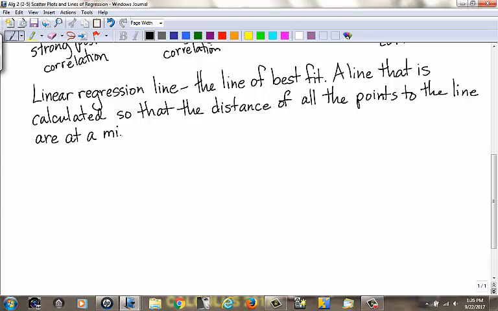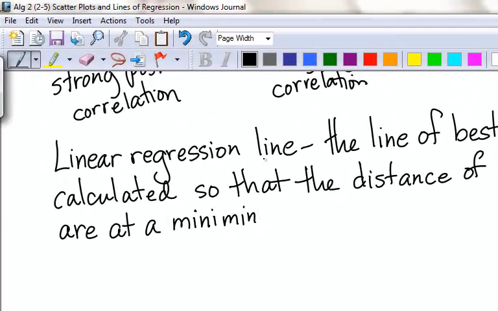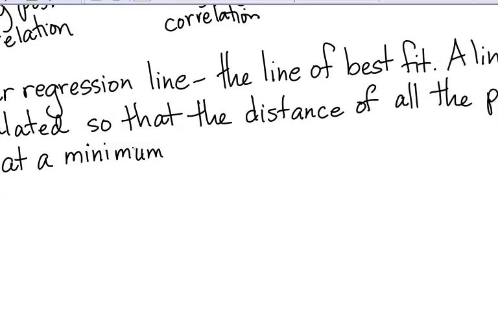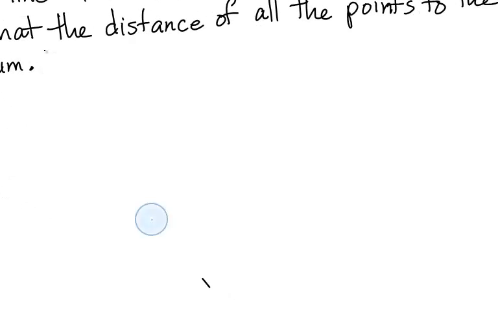What they're really figuring is that the vertical distance from each point to the line is at a minimum for the line of best fit, and it is used as a prediction equation.